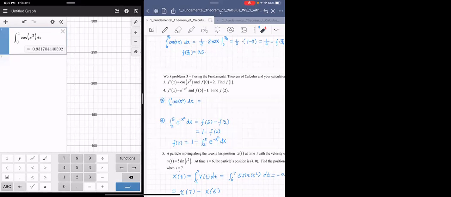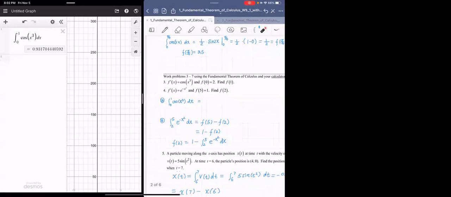Okay, there you go. Emily, does this make sense to you? Okay, this is a calculator question, so it's going to be very easy. In the first semester of calculus, the most difficult part is the antiderivative, solving by hand. If the definite integral is solved by calculator, it's not hard at all.